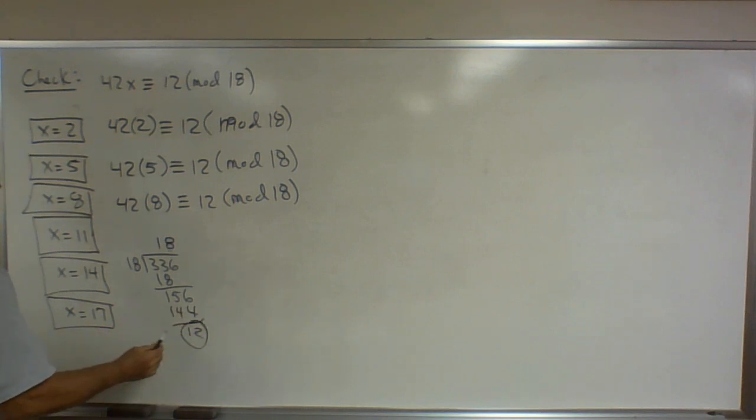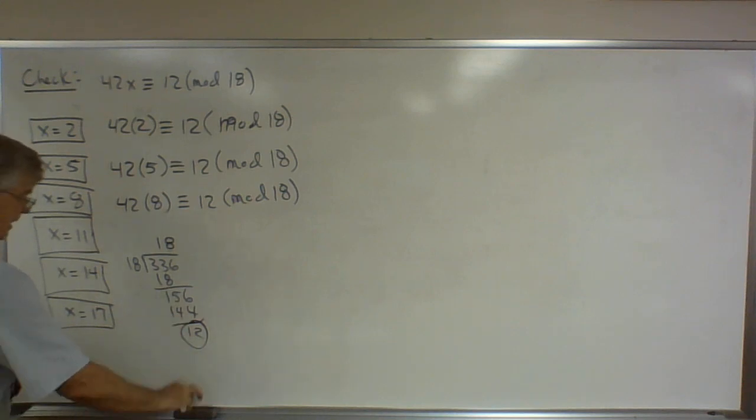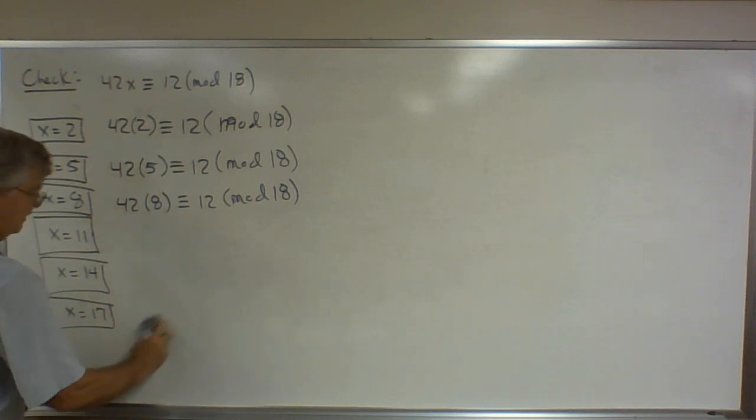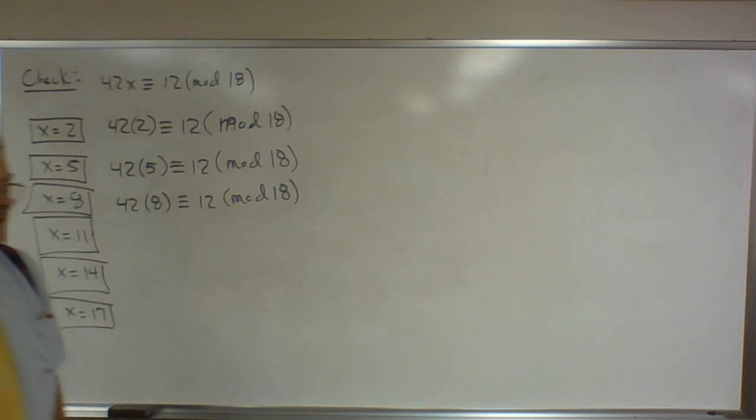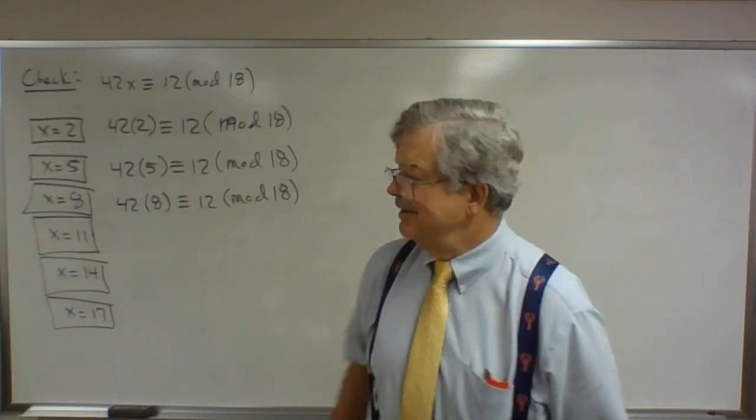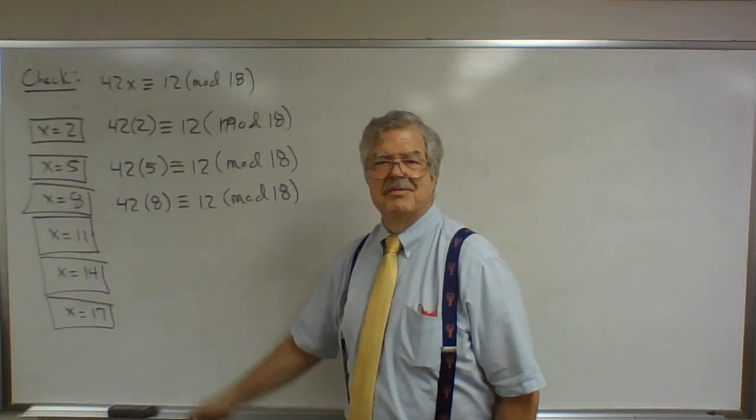Remainder of 12. Okay, so that works. You know what? These numbers are getting so big, I don't think I'm going to check the rest of them out. But the first 3 checked out just fine. If you want to use a calculator, you can confirm the rest of these rather painlessly.